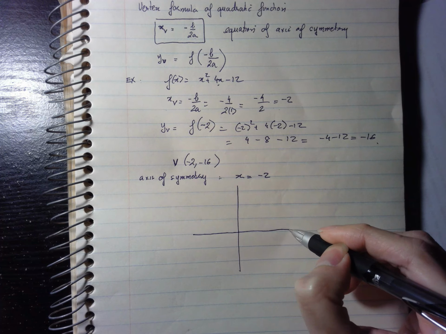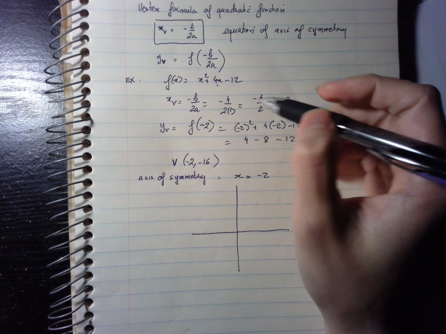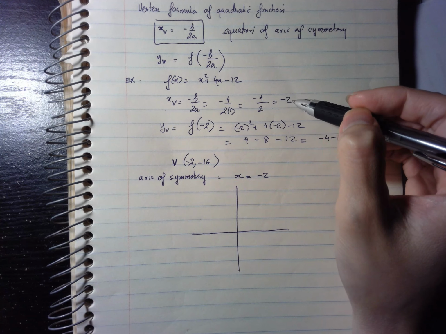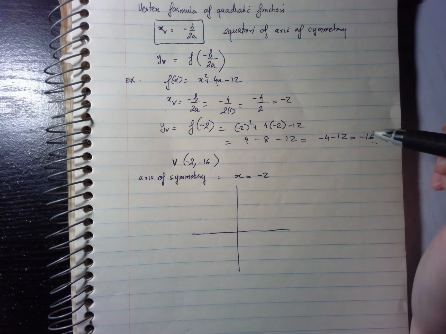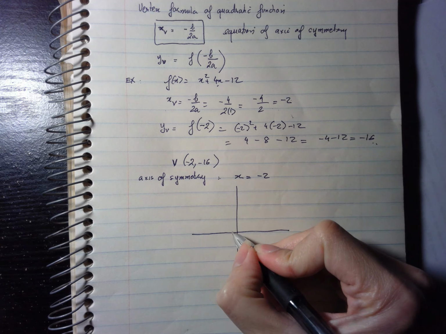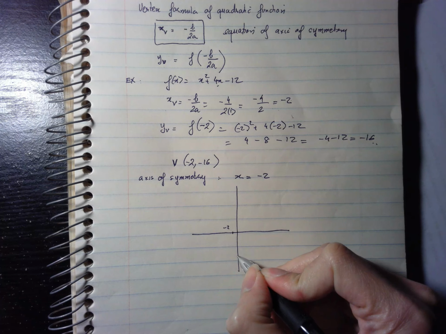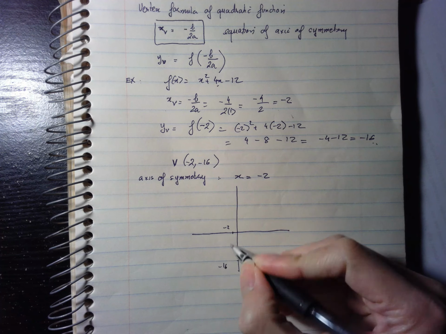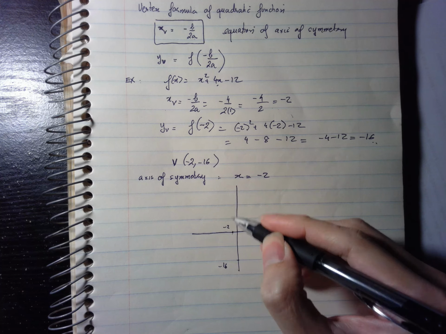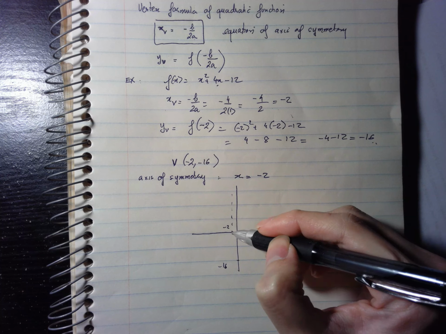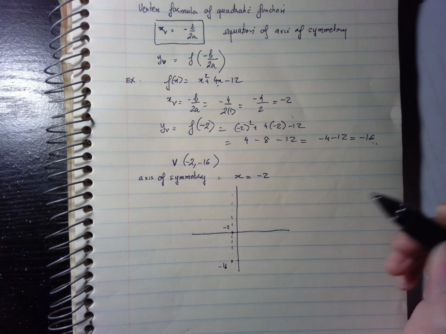Okay, so the vertex, just go ahead and define the vertex. The vertex has a coordinate of negative 2 and negative 16, negative 2 here, and negative 16 should be over here. So this is the negative 2, this is the axis of symmetry, and this is the vertex right here.